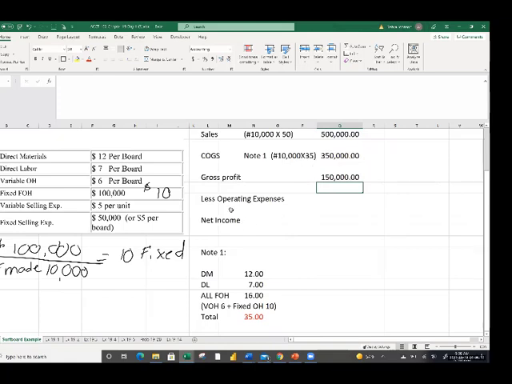Okay, my operating expenses are general and administrative and selling. In this case, it doesn't look like they have any G&A, so we're just left with selling. It would be all the operating expenses that we have, so there would be 2 kinds in here. We've got the variable at $5 a unit, so I'm going to write in here variable selling would be 50,000, right? $5 a unit times 10,000 boards, as well as the fixed selling of 50,000 that's given to us.